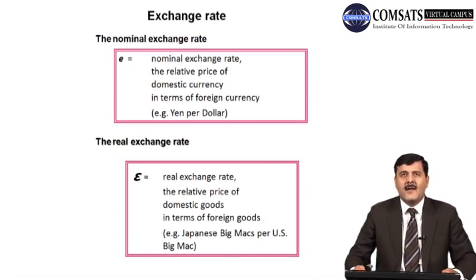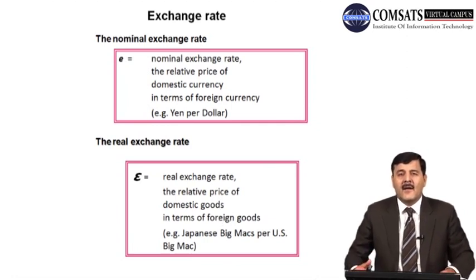Now what is the real exchange rate then? The real exchange rate basically is the relative price of domestic goods in terms of foreign goods. Like if we compare 2 countries like Japan and US, the price of Japanese Big Macs per US Big Mac is the real exchange rate.